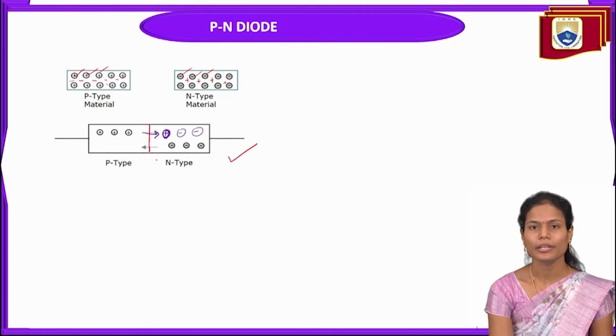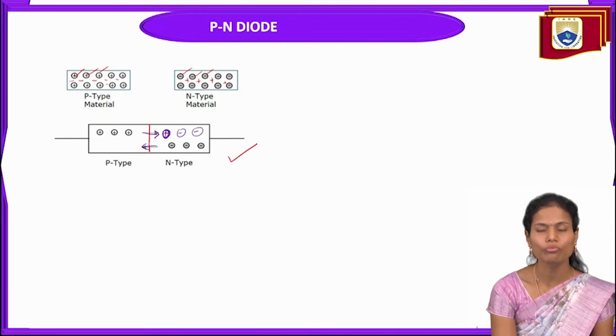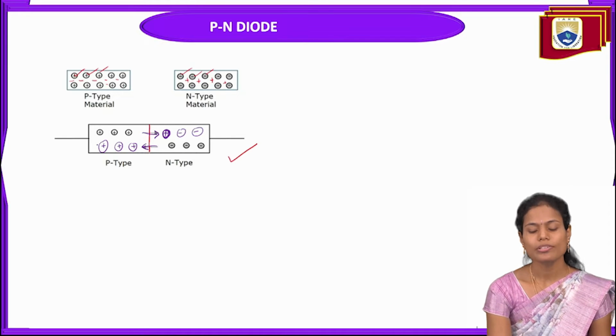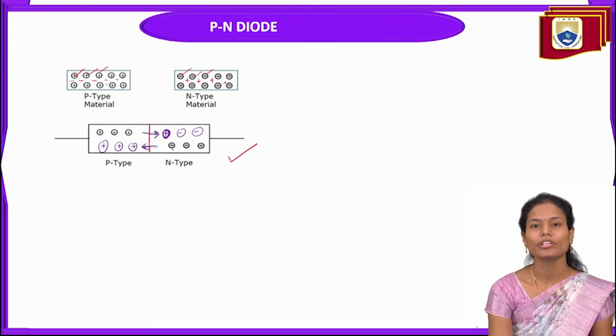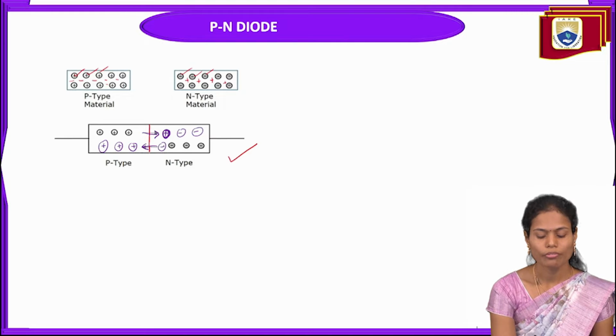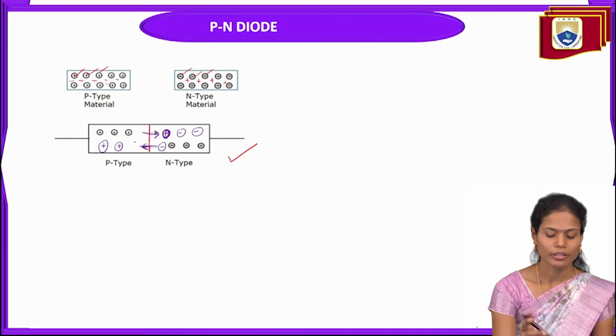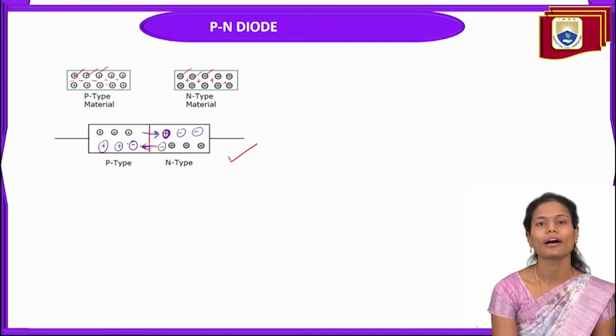Similarly, the electrons present in the N type material try to diffuse or move towards the P type material here. Once an electron moves from the N type material and combines with a hole, it becomes a negative immobile ion here.